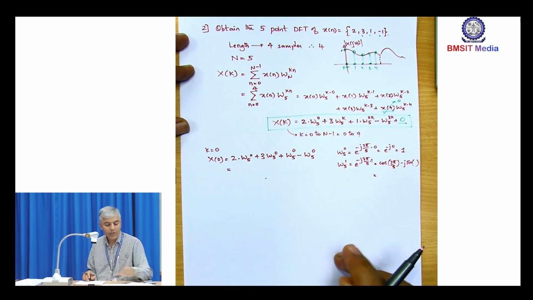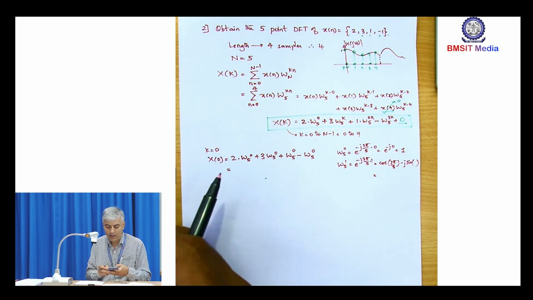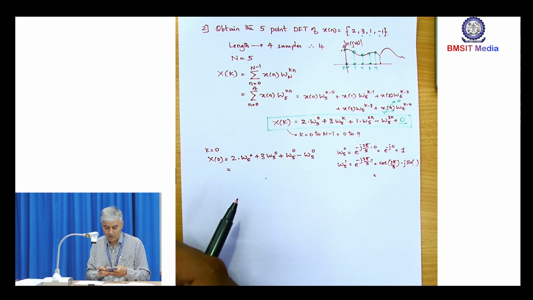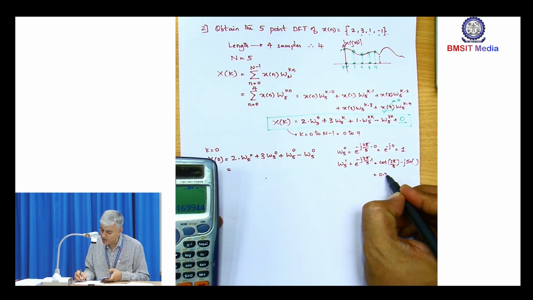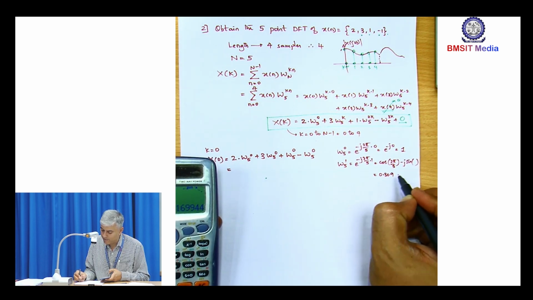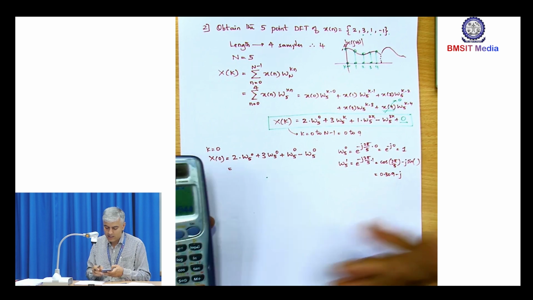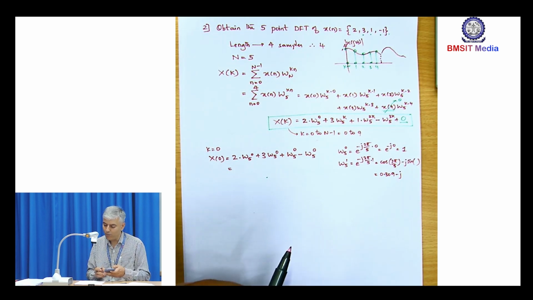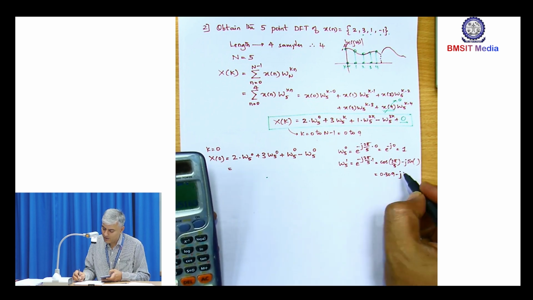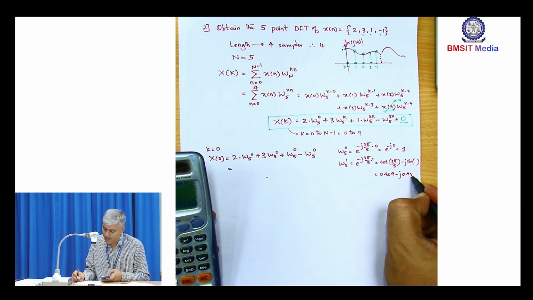You can use your calculator, always in radians mode, and find cos of 2 pi by 5, which happens to be 0.309, minus j sine of 2 pi by 5, which is 0.951.